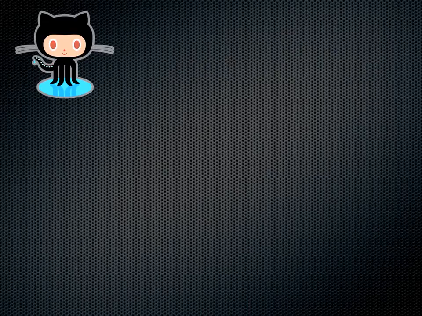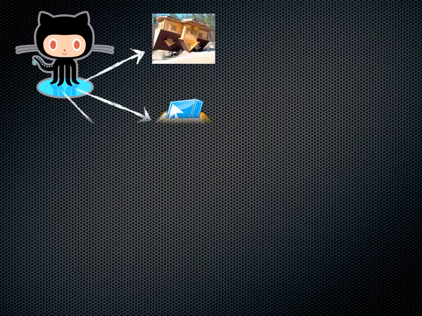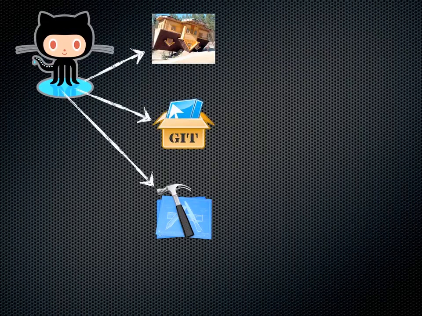Now from GitHub, a few things happen. There are triggers that GitHub will fire when new code comes in, so it'll send a copy to my house, a copy to a local Git repo that we have in the office here, and then it sends a change notification over to BuildBot. BuildBot has a stability timer that's configurable per project, which waits for changes to stop flowing in for a particular project.